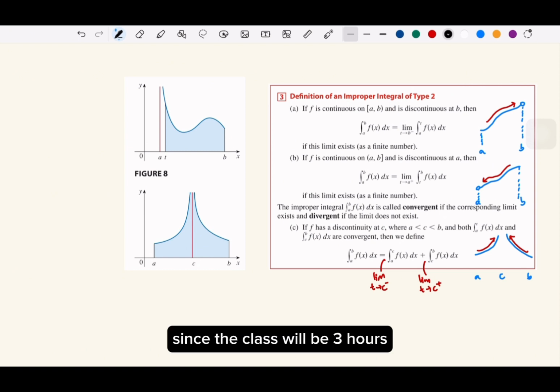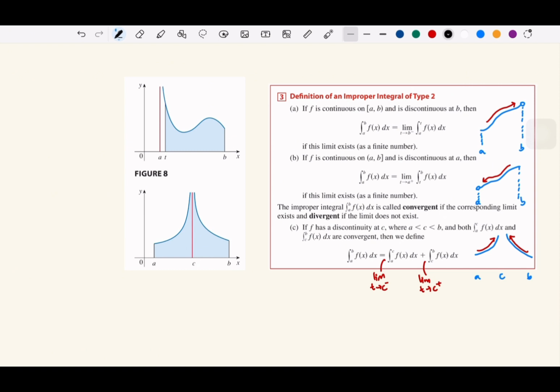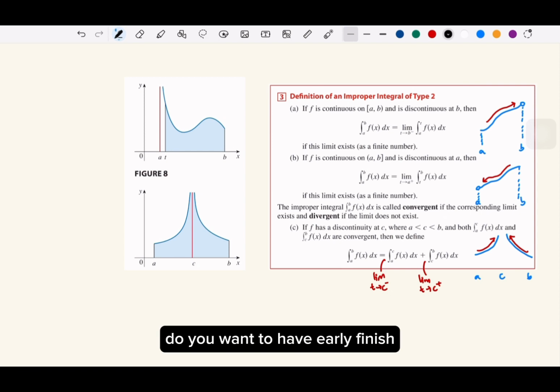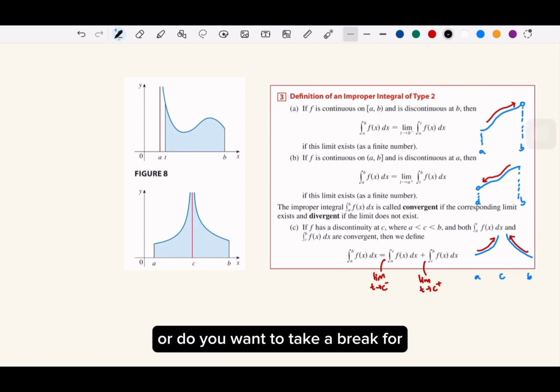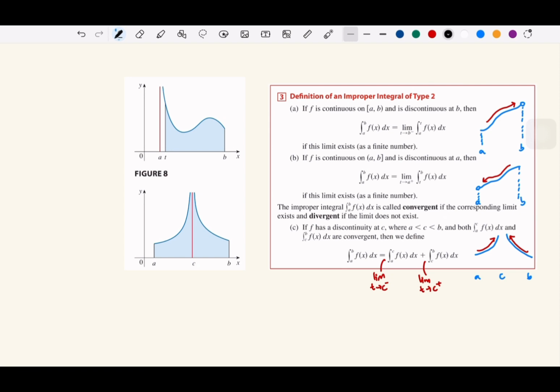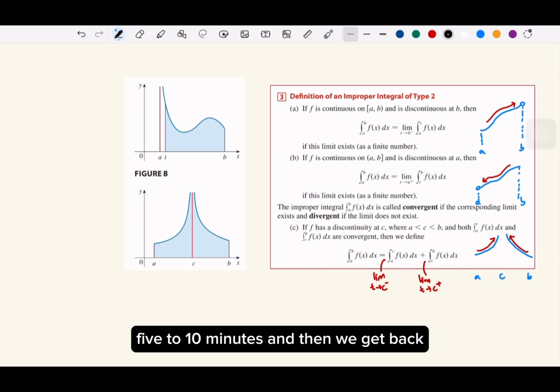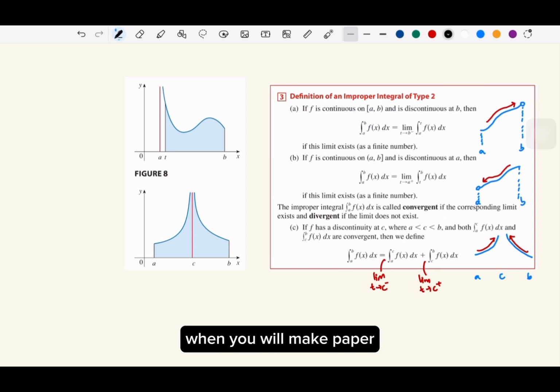Since the class will be 3 hours, do you want to have an early finish, or do you want to take a break for 5 to 10 minutes and then we get back and move until when you usually leave the class?